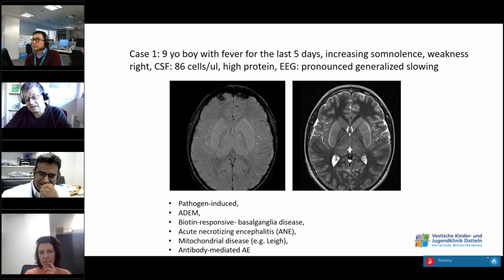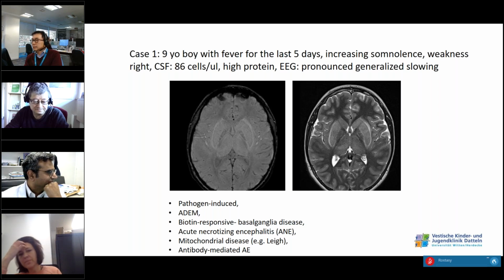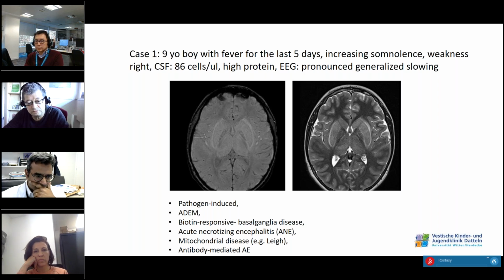If you have the Graus criteria in mind, this child at presentation fulfills them, also taking into account the pathological MRI. If you exclude viral, bacterial and other diseases, that could be the presentation of an autoimmune-mediated process. But just to illustrate how difficult it is, you see here the MRI changes, which are very symmetrical.